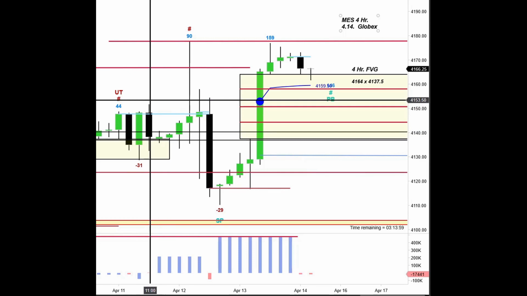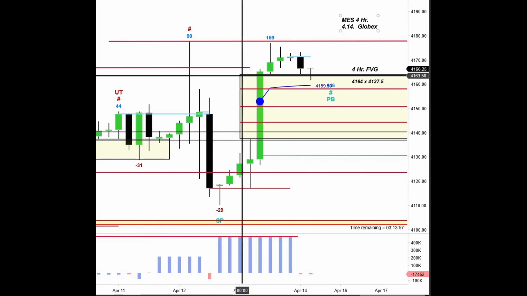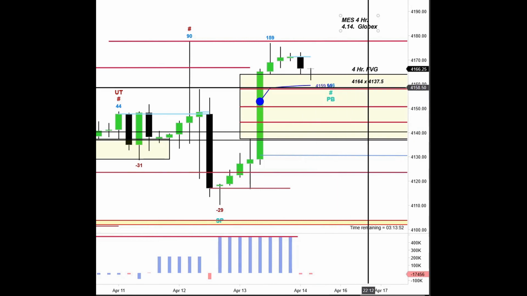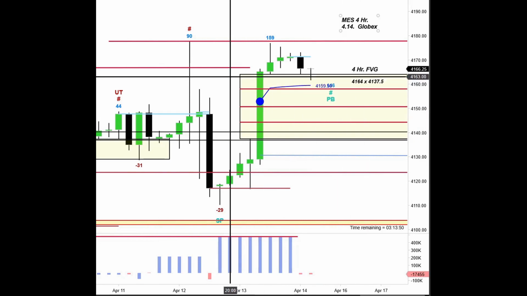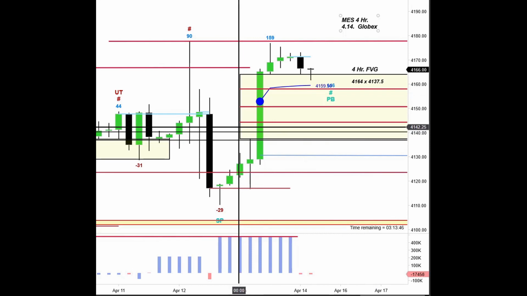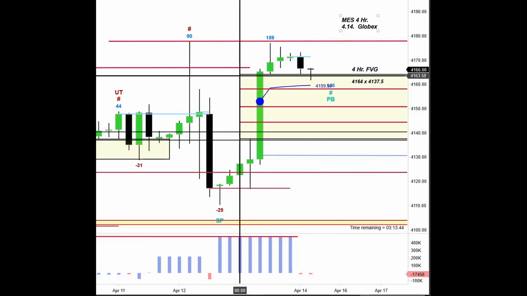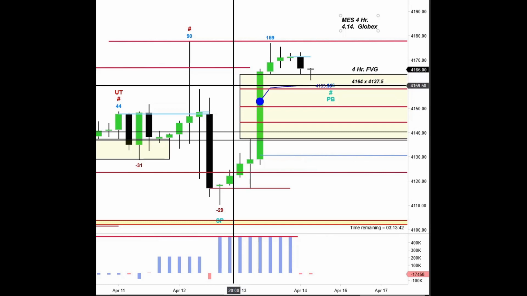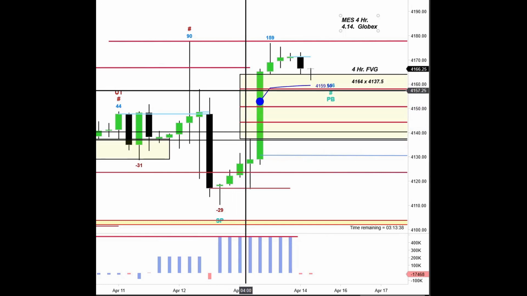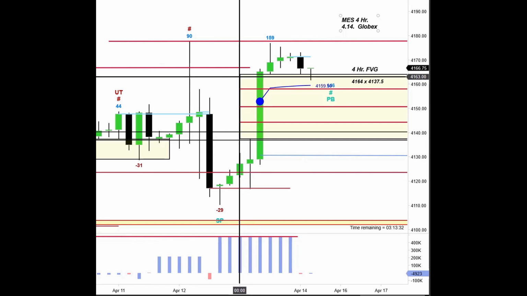Okay, 4-hour chart. What this is giving me is a giant fair value gap, 41.64 by 41.37.15. I don't want to not transpose this on smaller time frames. So when I look at the 15-minute next, I'm going to just use this fair value gap level and transpose it, because for me, this is what it's all about for next week's trading, and I want to have it on my lower time frame chart.